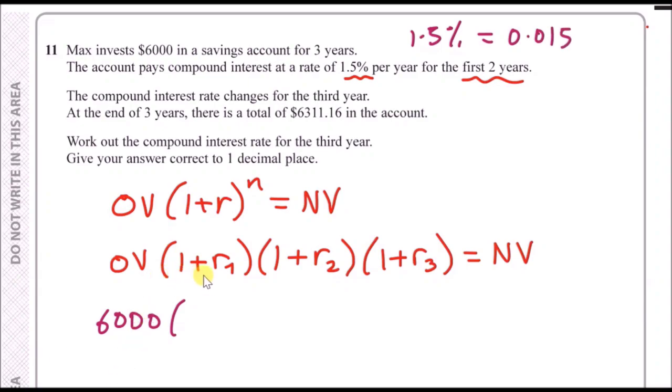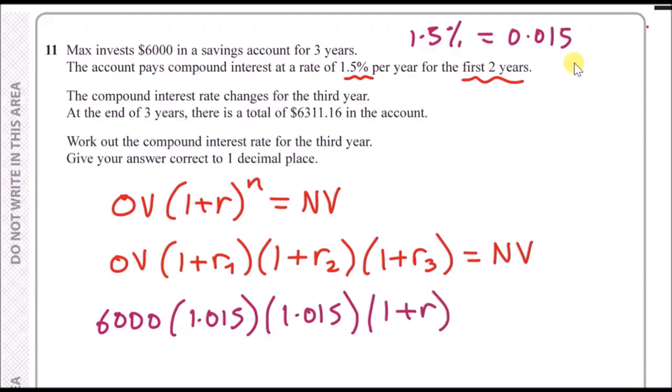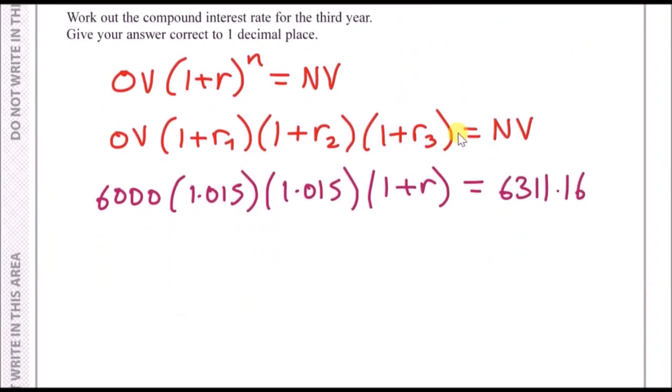So essentially, 1 plus that is just 1.015. Again, the second is the same, 1.015. However, the third year we don't know. Let's just call it 1 plus r, yeah? And it's going to now equal the total of 6,311.16.